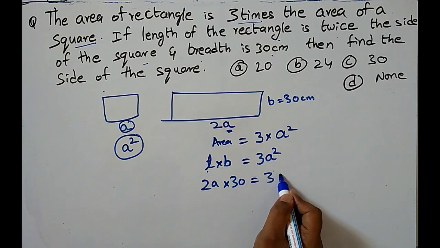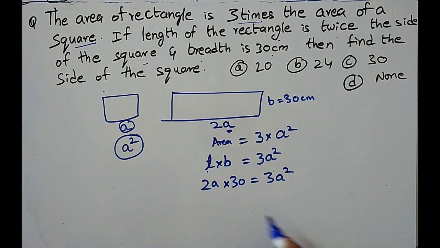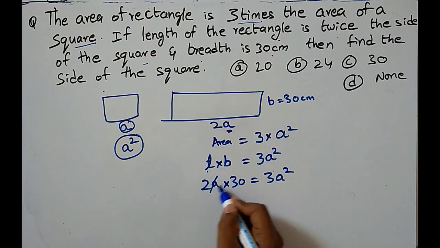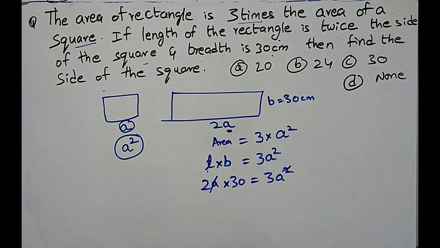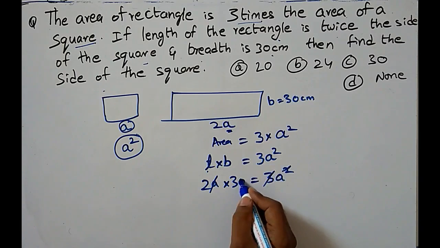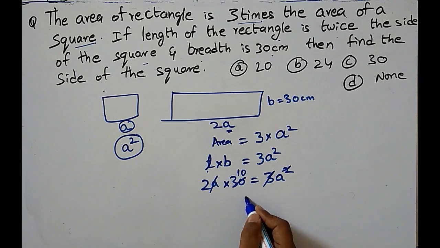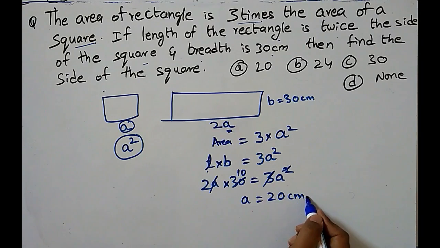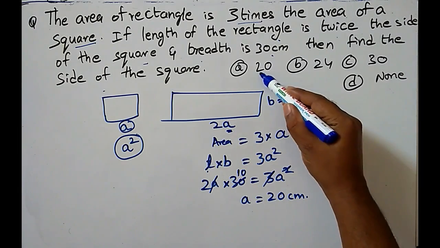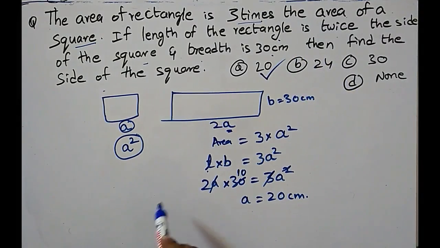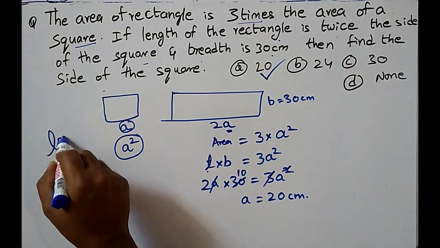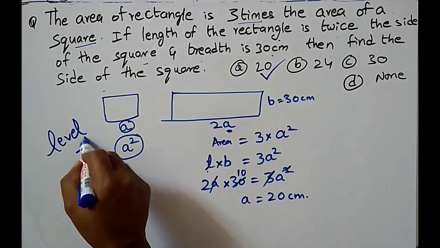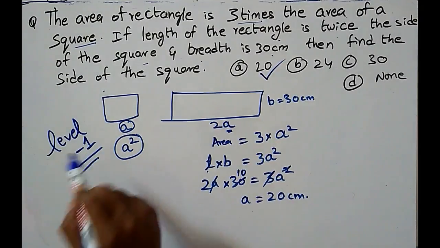This equals 3A square. It is in multiplication, so one A is cancelled, 3 tens are 30, therefore we will get A is equal to 20 centimeters. So A is the answer. This is a very simple question, friends. This is a level 1 question.